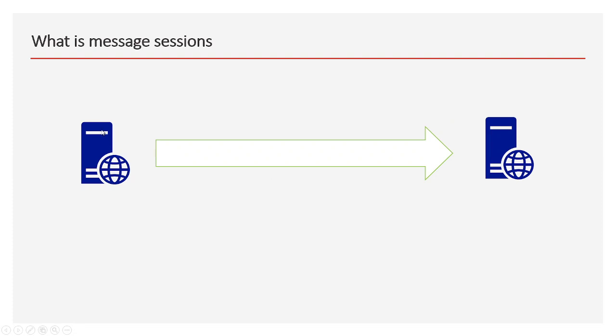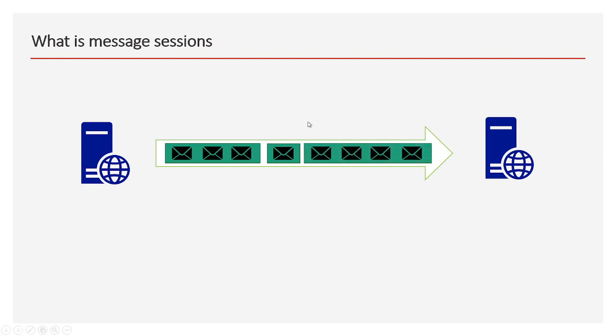I have 3 users connected over here. User 1 has ordered 3 items, user 2 has ordered only one item, and user 3 has ordered 4 items. So think of it like that.